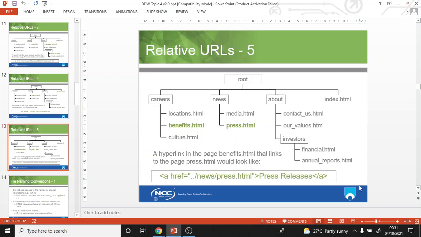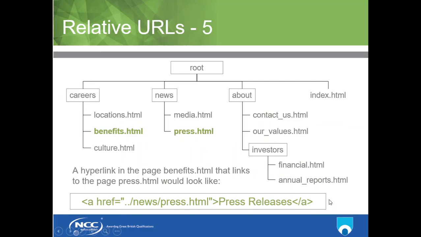So let me show David how this is done. So we are here. We want to create a link that when clicked here will load this page. So to do that, we need to get out of the investors folder. So how do we get out? We get out from a folder by doing that.